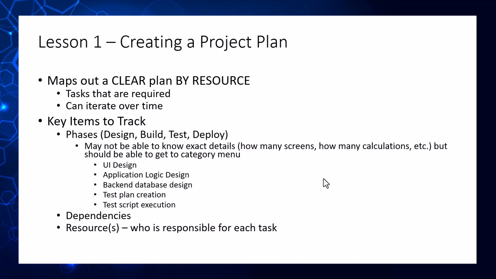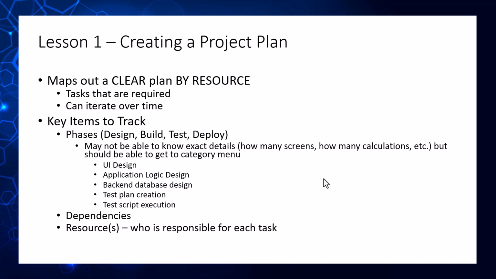Now, the other thing you want to make sure you're tracking are the dependencies between the different tasks. So if I can't do task B until task A is completed, you want to make sure that you have notes of those kinds of things. And you also want to make note of who is responsible for each task.